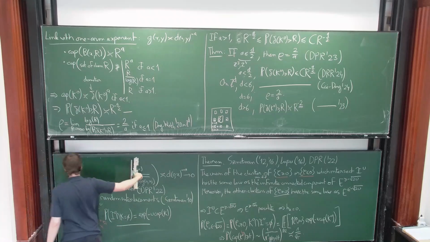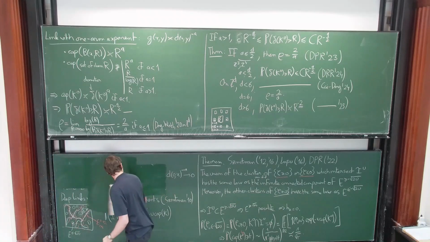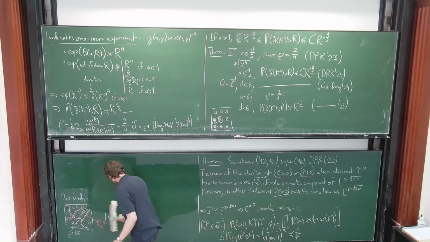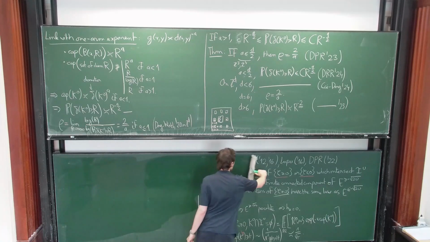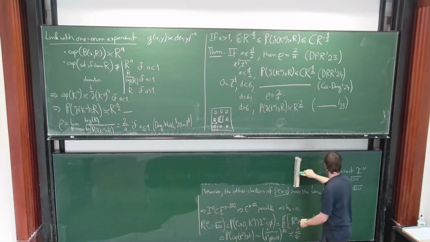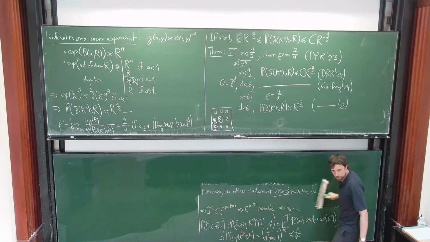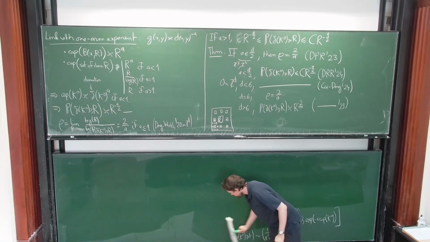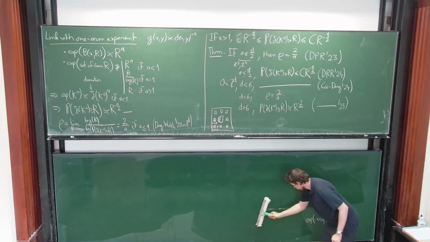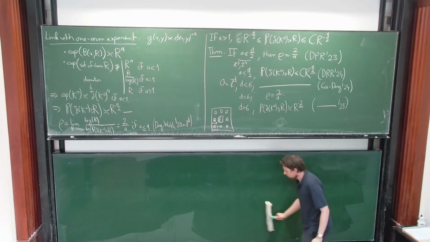Okay, any other question? So now I guess it's time to go to the last part of the title, which I was promising, which is the Hausdorff dimension of the critical cluster. So now we've spoken about the two-point function, capacity, radius. What's missing?